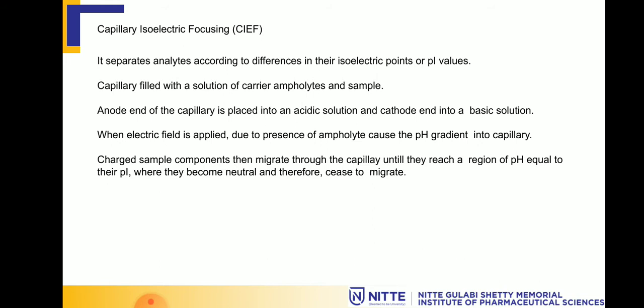When you apply the potential difference, the charged particles start migrating, and the migration happens till it reaches the pH equal to their isoelectric points. On that basis the whole system becomes neutral, and there is no further migration of cations and anions, and it gives you a point where the separation happens. So this is how the separation happens in capillary isoelectric focusing.